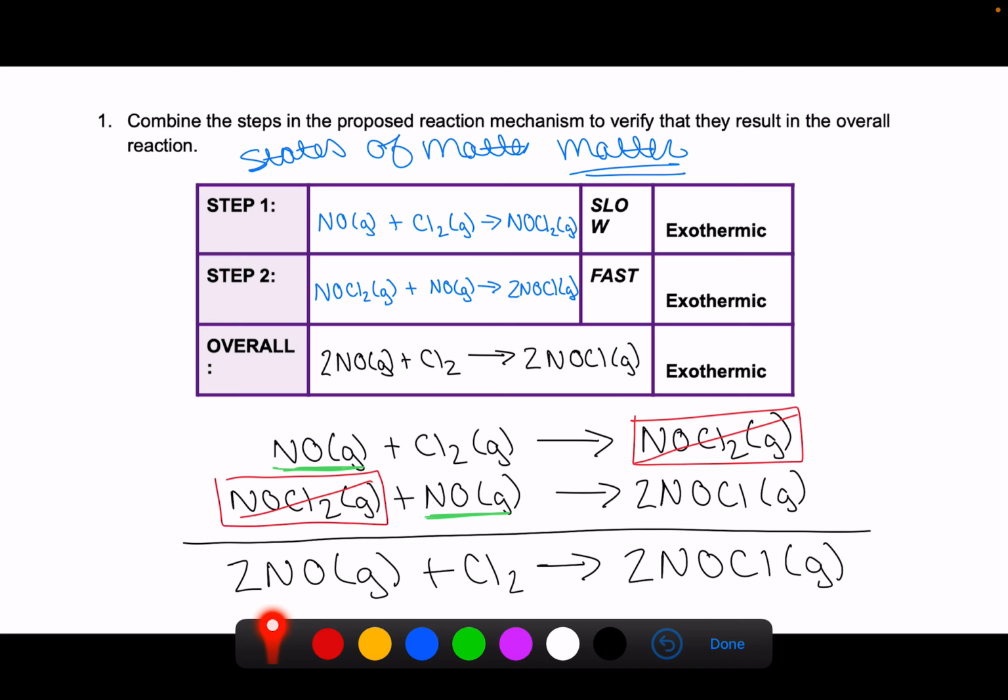So our rate determining step is our slow step. For this reaction, it's step 1. So how do I write my rate law based on my rate determining step? I go back to my equation, and I'm going to have rate equals k[NO][Cl2].